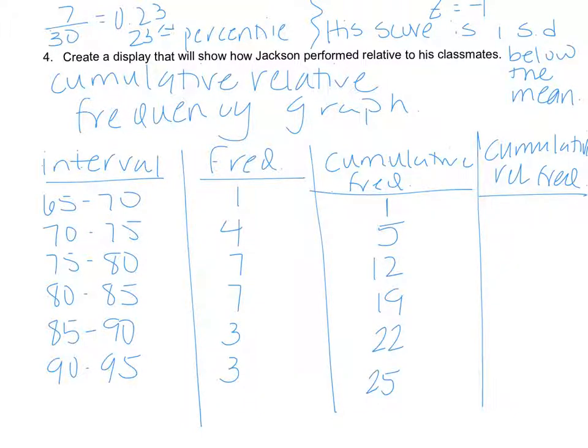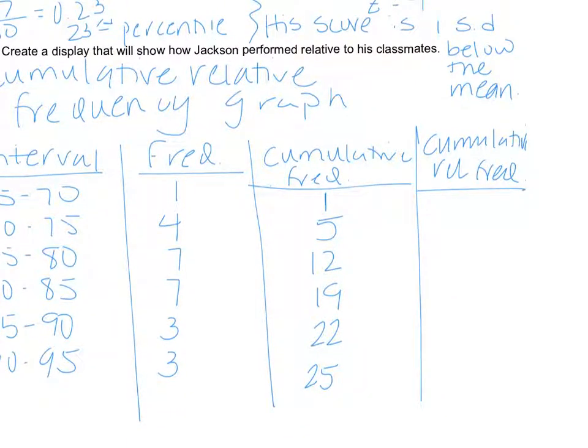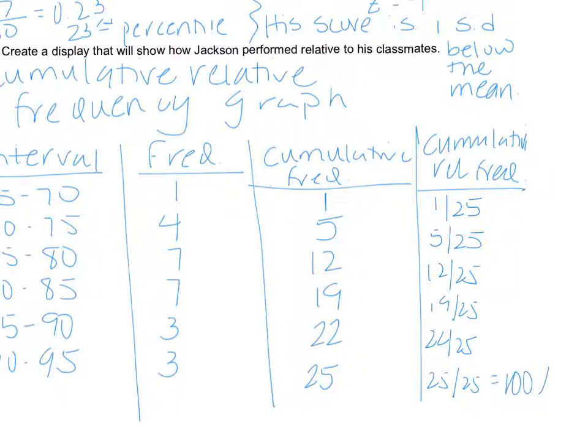And so my cumulative relative frequency is each of these values divided by the total of 25. And we should always end with a total of 100%, right? So I'm going to go ahead and do these calculations.